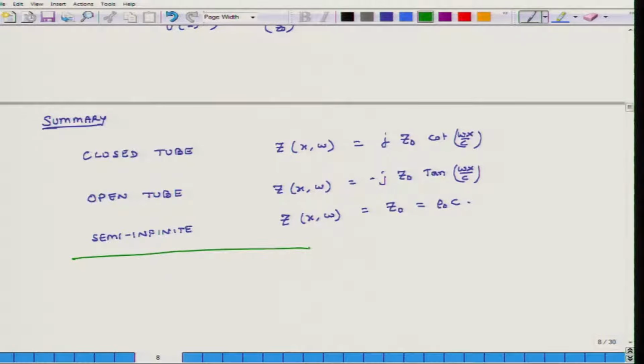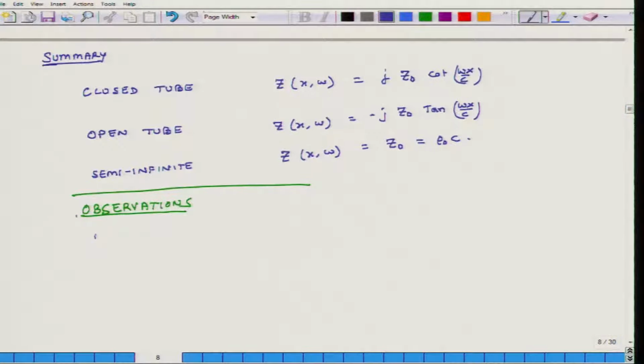So, one important observation. The first observation is that Z of x, omega does not depend on the nature of excitation.